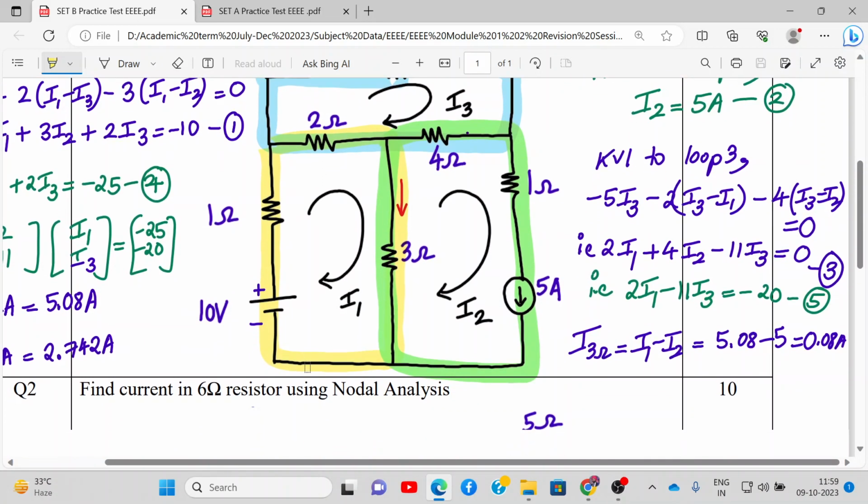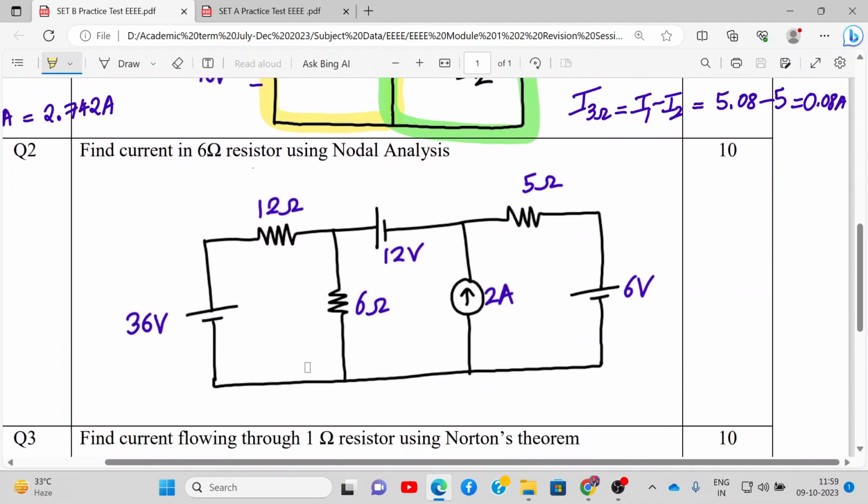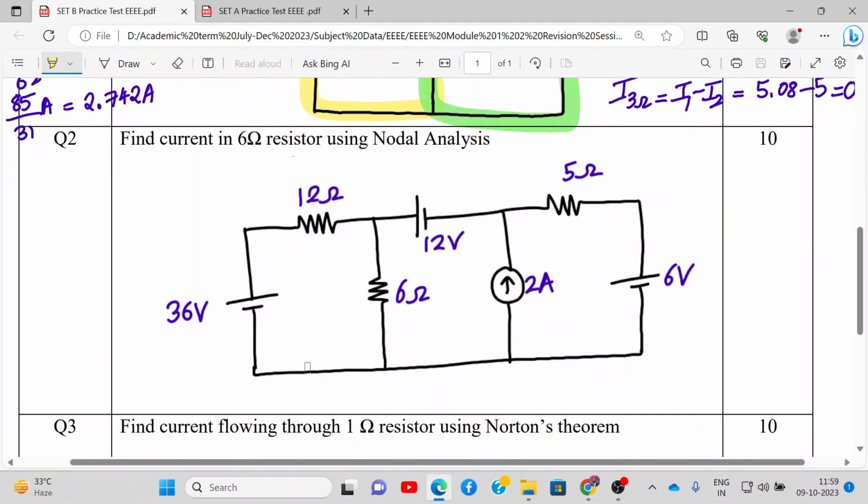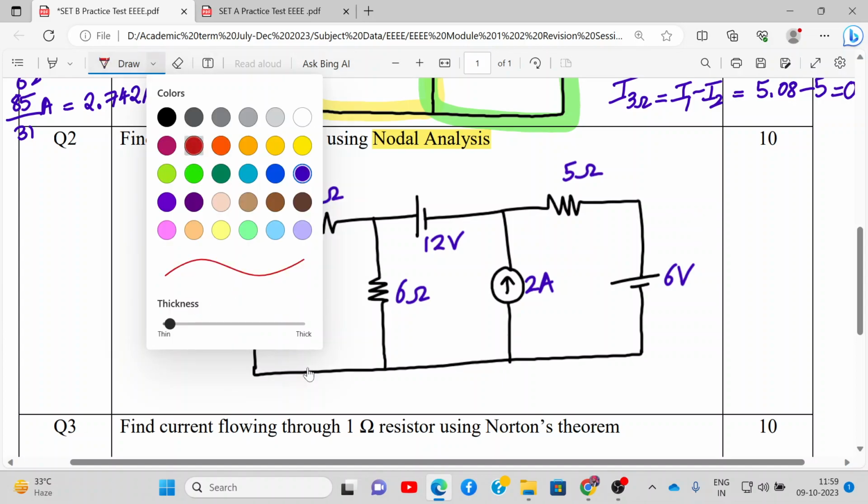All right. Okay. So let's go to numerical number 2. We have to find the current through the 6 ohm resistance using nodal analysis. So we will be using nodal analysis over here. First of all, we need to define the nodes. So let me use a red color.